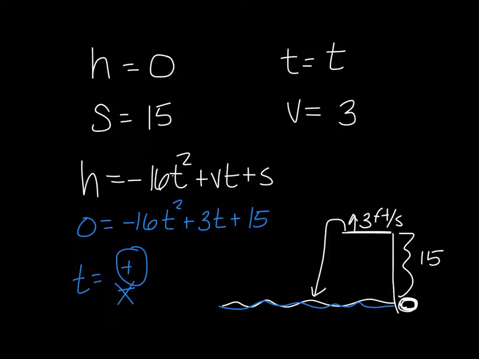Let's look at another example. This one says, from the top of a 40-foot cliff, so you've got a cliff that's 40 feet up in the air, you throw a stone downwards at 20 feet per second into the water below. How long will it take for the stone to hit the water?